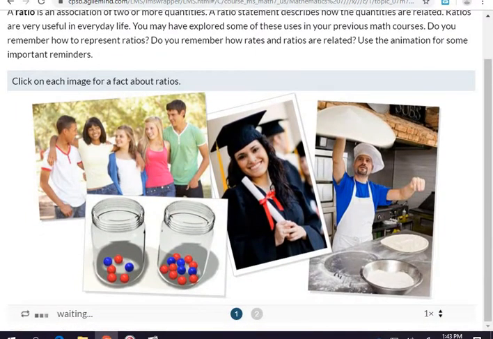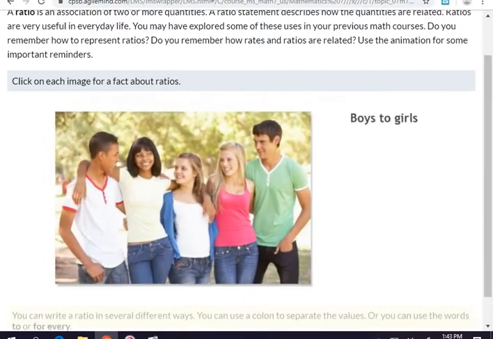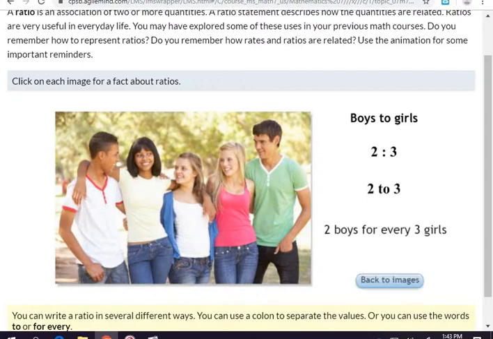So you are open in your book to page 1. All right. So, looking at this first picture, if we're looking boys to girls, how many boys to girls?